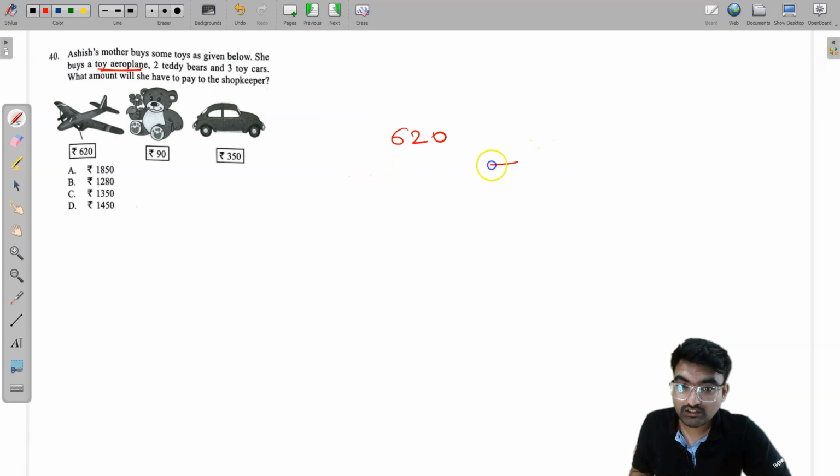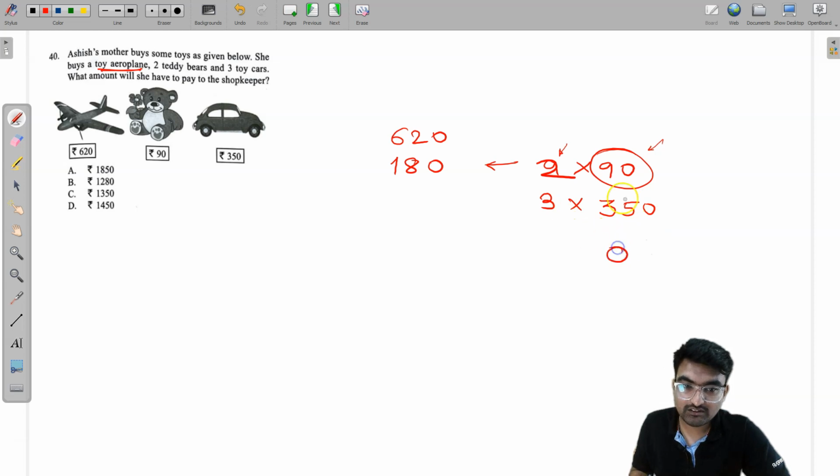Now she'll have to pay 2 into 90, that is 180, correct? Because the price of a single teddy bear was 90 and she bought 2 teddy bears and 3 toy cars. Okay, so now the price of a single toy car is 350 rupees and she bought 3 toy cars, right?